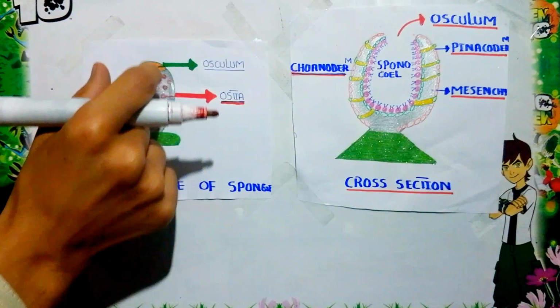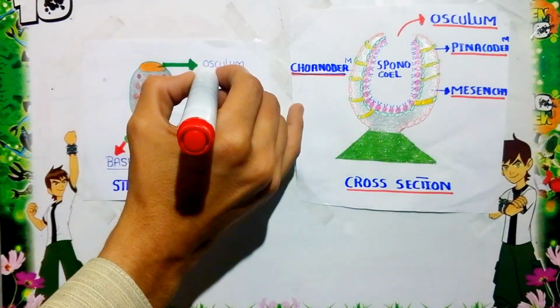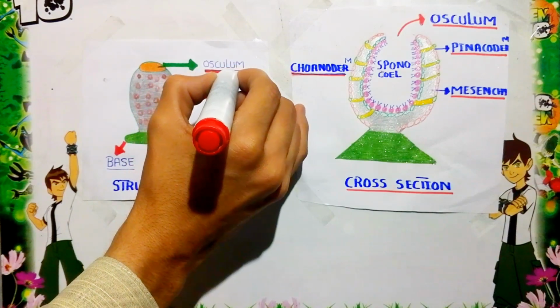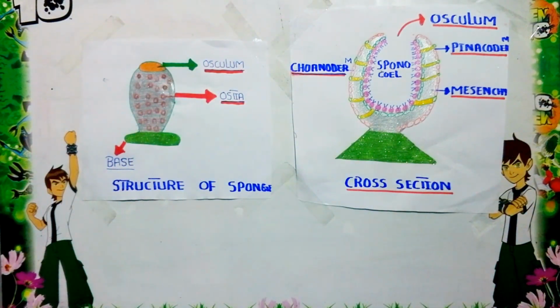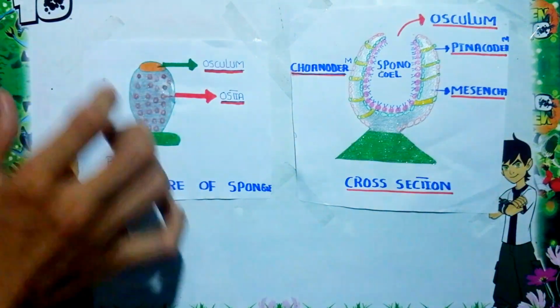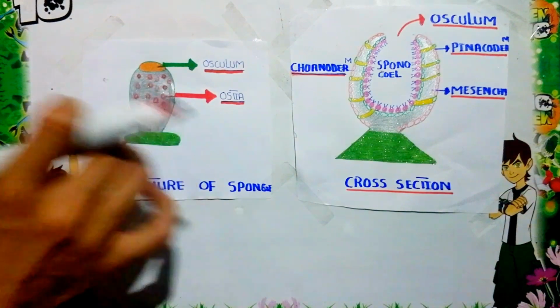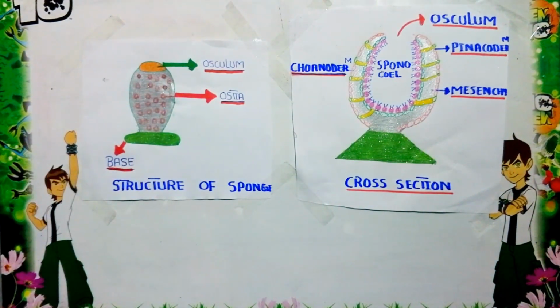You can also see a large opening called the osculum, through which water leaves the sponge body. A structure present at the base attaches the sponge to the substratum. This attachment structure is called the base. This is the overall general morphology of the sponge body.